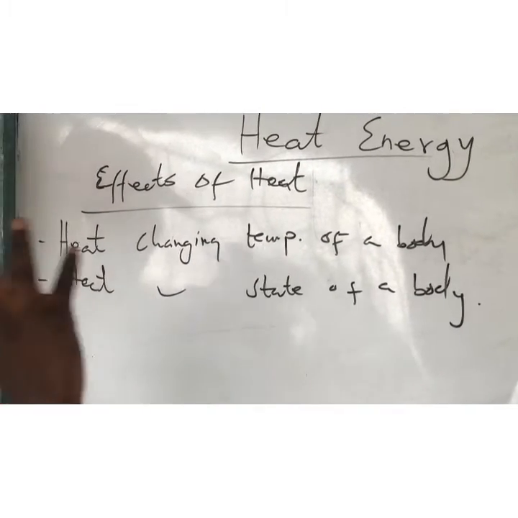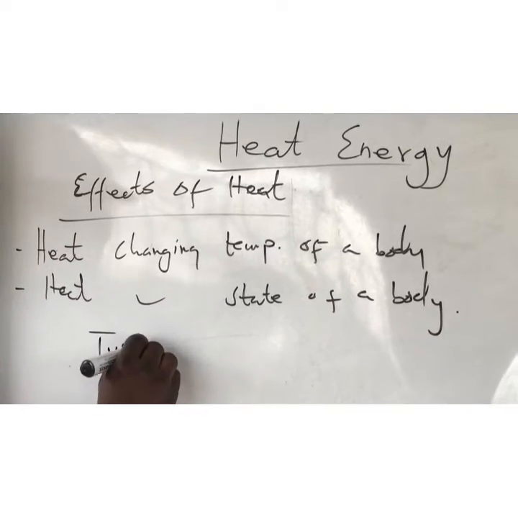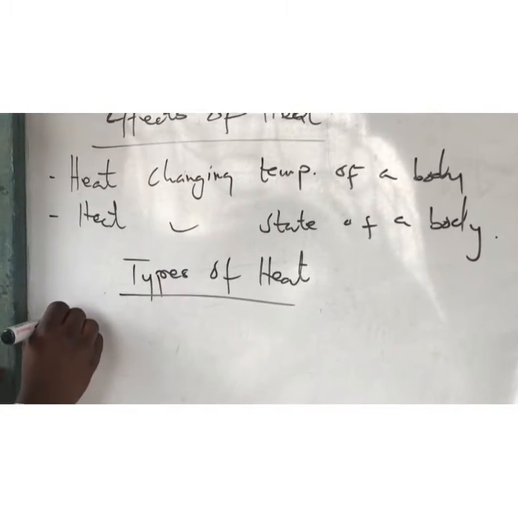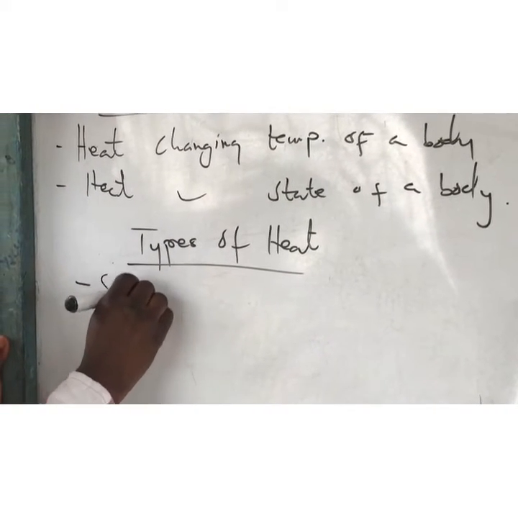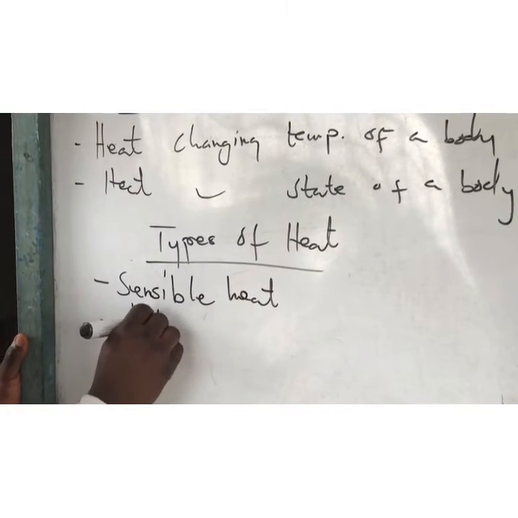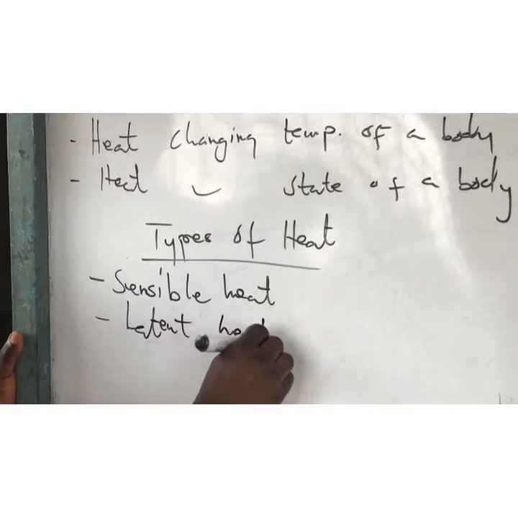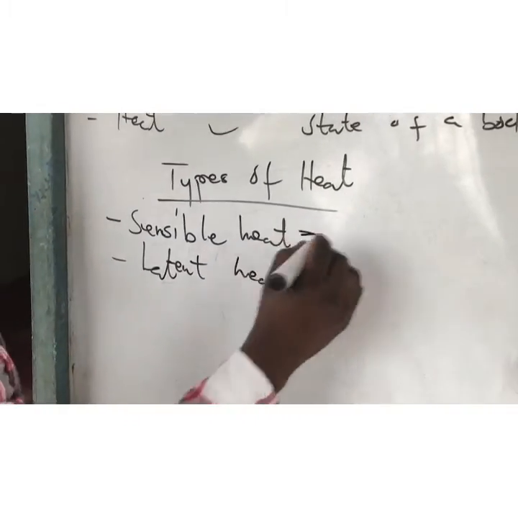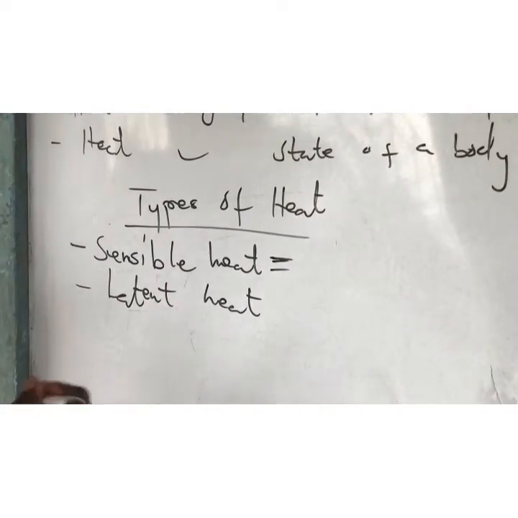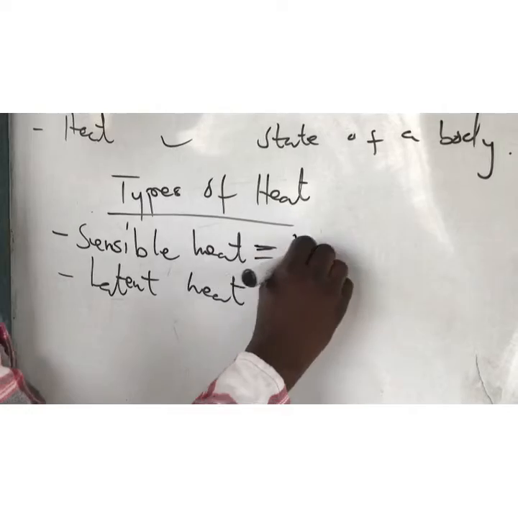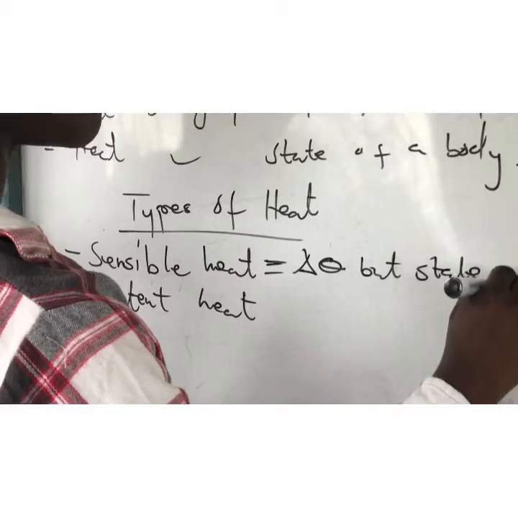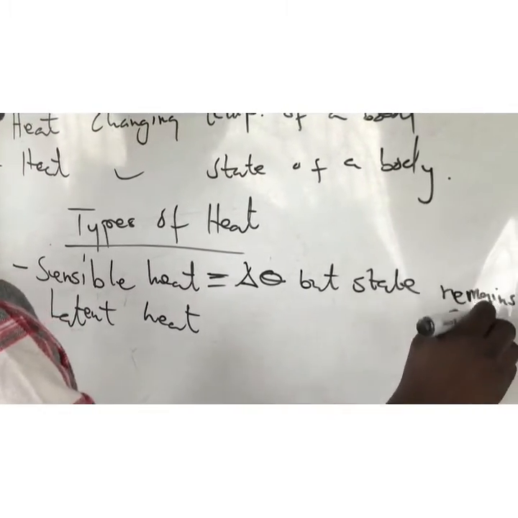This gives us two broad types of heat: sensible heat and latent heat. When we talk of sensible heat, this type of heat energy only changes the temperature of the body, but the state remains the same.